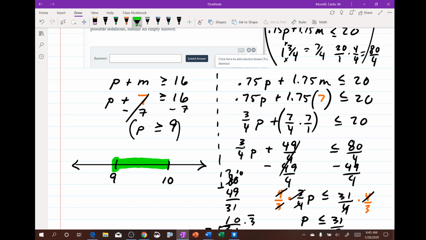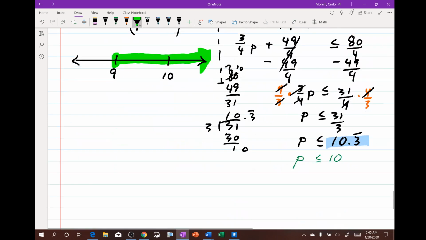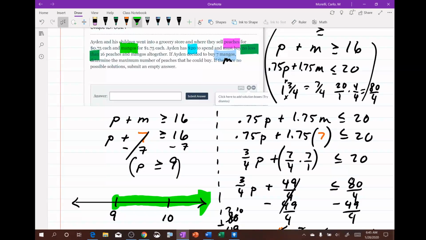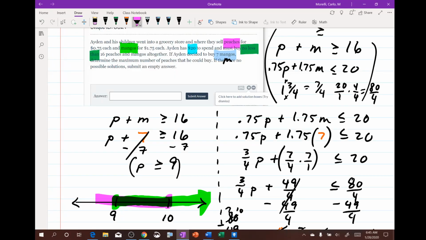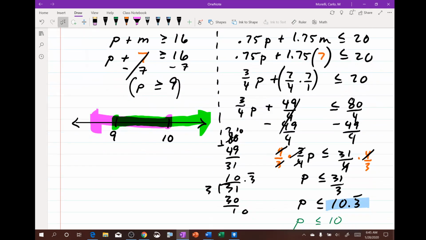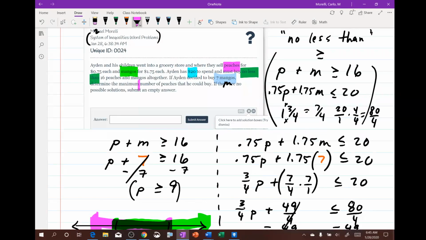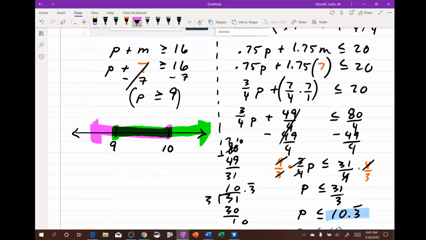So that's shaded this way. And then over here it said P is less than or equal to 10. So this is what the inequality looks like graphed. So your solution area is actually in this double shaded region, okay? But it wants us to know, this is the key, the maximum number of peaches that he could buy. So the maximum number of peaches is 10.